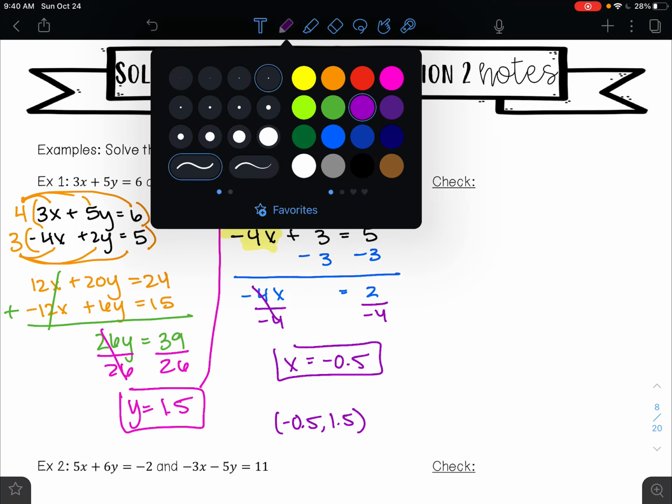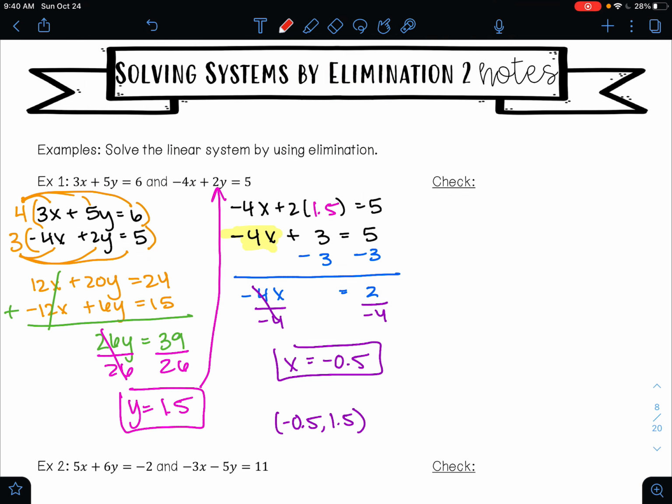Let's check our answers to make sure. For whatever reason, sometimes when students get decimals or negatives, they get confused and they think they did something wrong. The reason why we learn the elimination method is because not every line is going to line up perfectly on the grid points when you solve it.